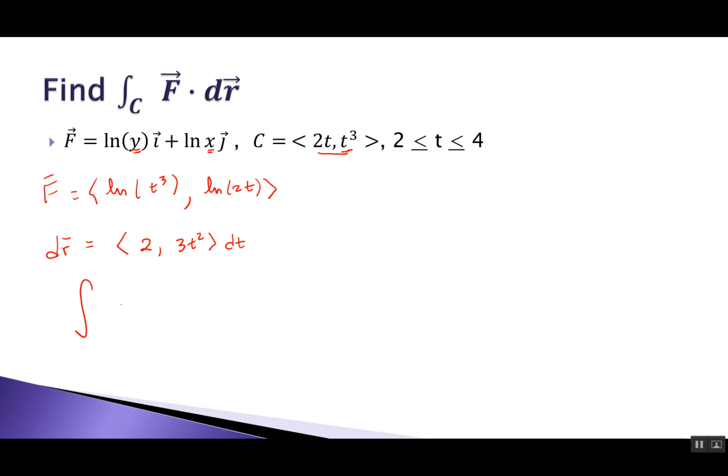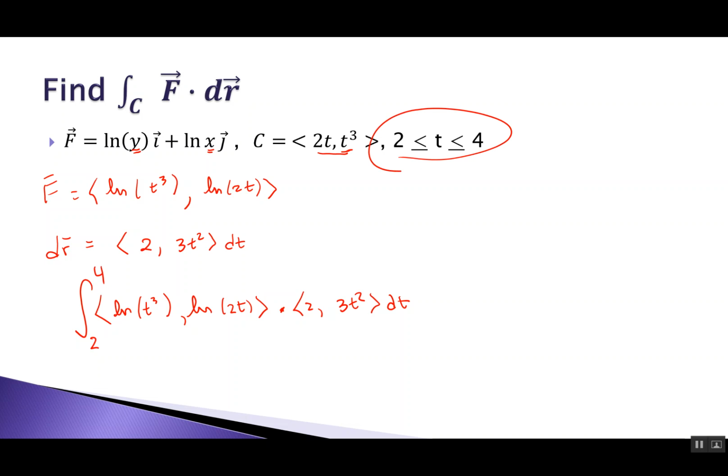And when I plug in, I'm going to have the log of t cubed, log of 2t, dotted with 2, 3t squared dt from 2 to 4, because those are my limits, which becomes from 2 to 4, 2 times log of t cubed plus 3t squared times log of 2t dt.